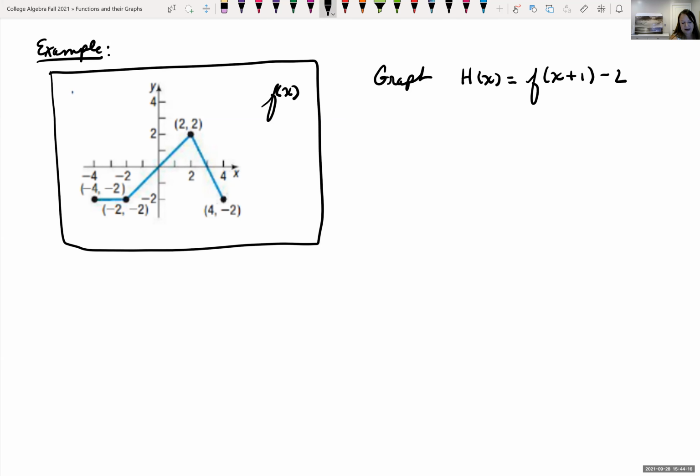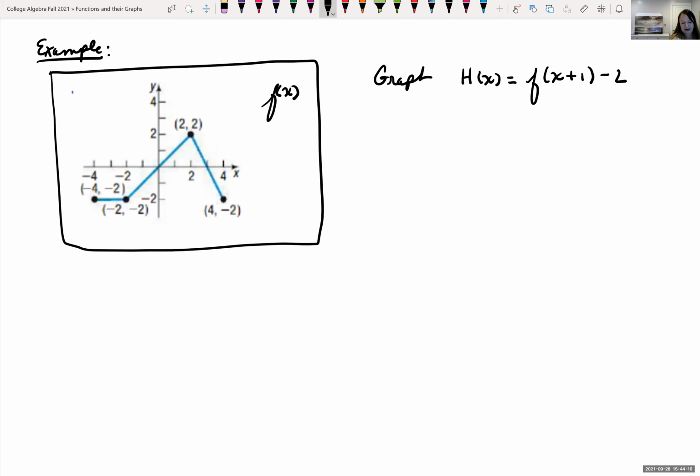So let's look at some points here. So that point (-4, -2). Well, if we move this to the left one, that's what it said, right? Left one. Plus 1 is the left one. So I'm going to subtract 1 from my x value.